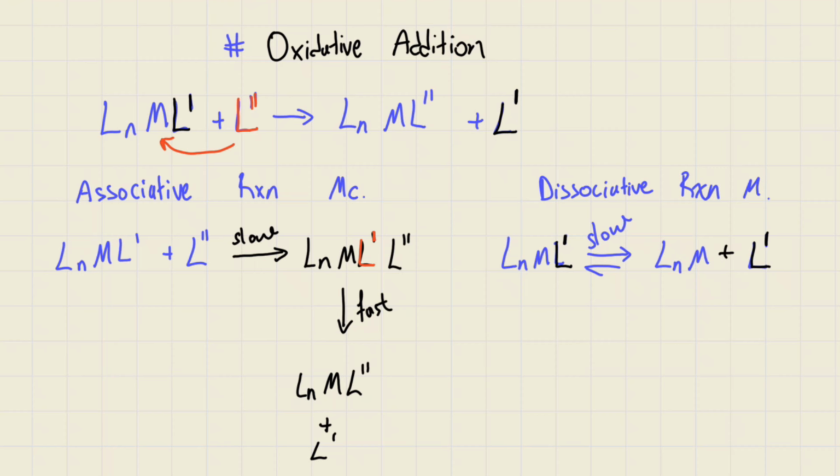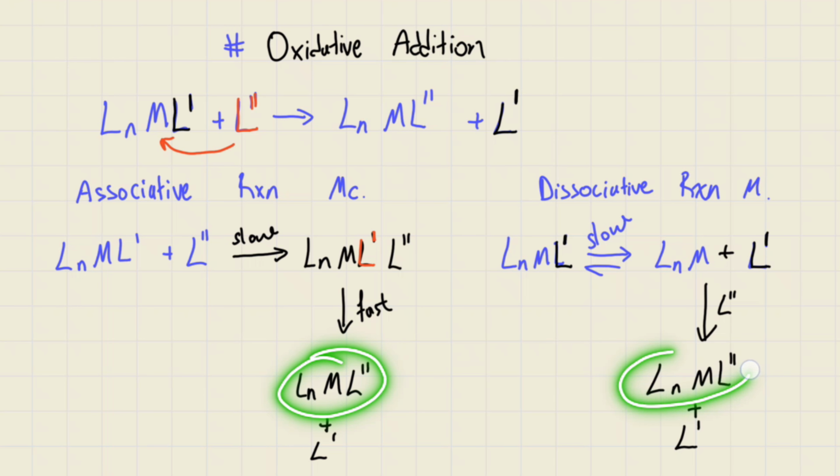And then the other ligand, L double prime, attacks the metal center, and this product occurs. So in any case, we will obtain the same product, but the reaction mechanism is different.